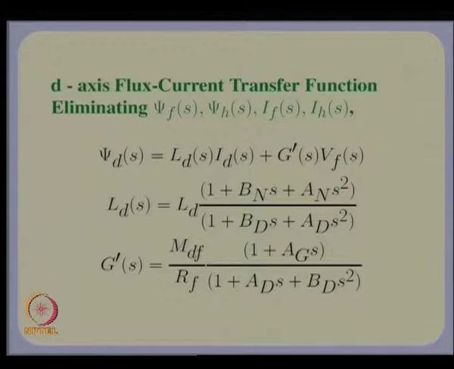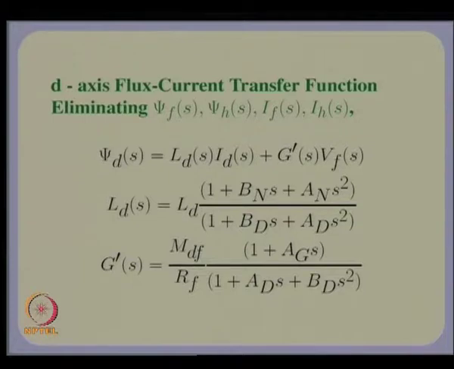What we see is that it eventually leads us to a second order transfer function L d of s and g dash of s, and the transfer function looks like this. The coefficients a n, b n, a d, b d and a g are related to the basic parameters.